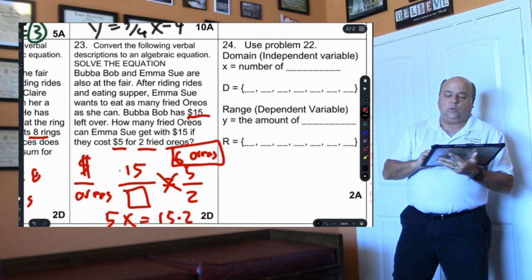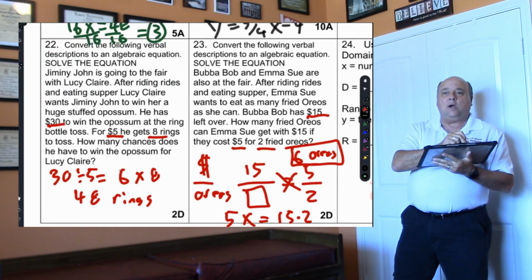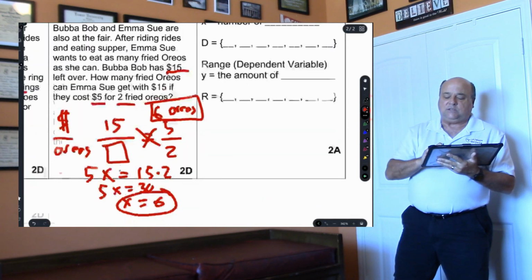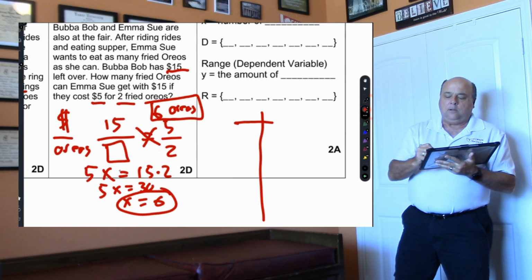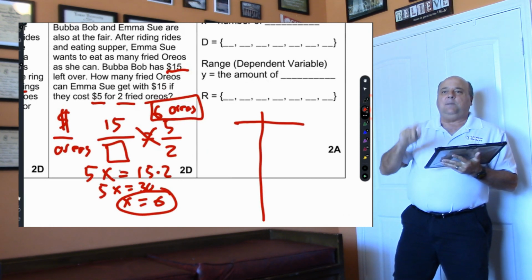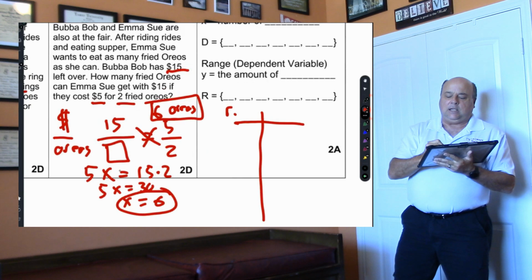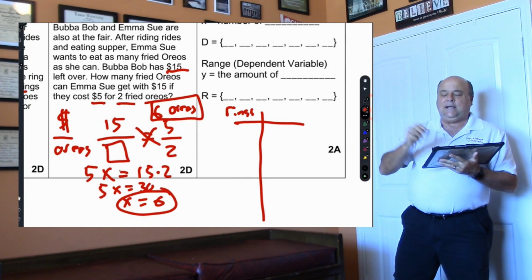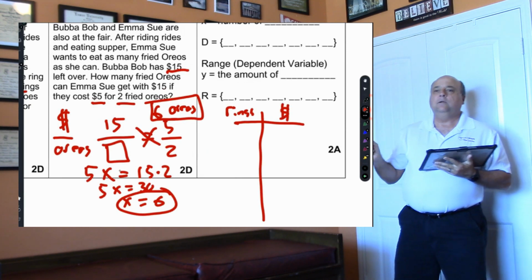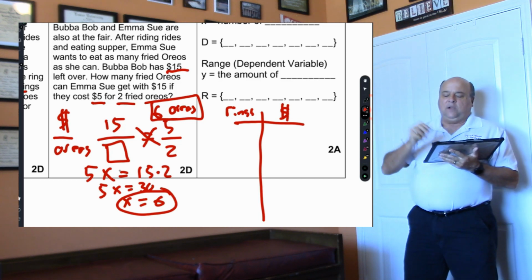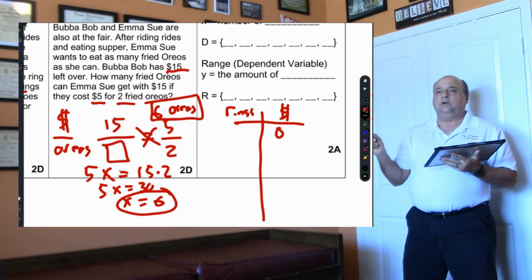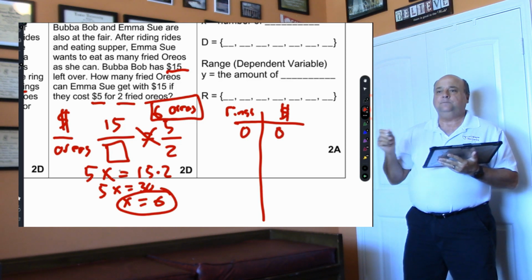Now then, let's go to this one. We're going to get the domain and range of this. So I'm going to show you how to do this. Make a T-chart. The X is going to be how many rings he's going to get. The Y is going to be his money. Okay? So if we start off with $0, we get 0 rings.